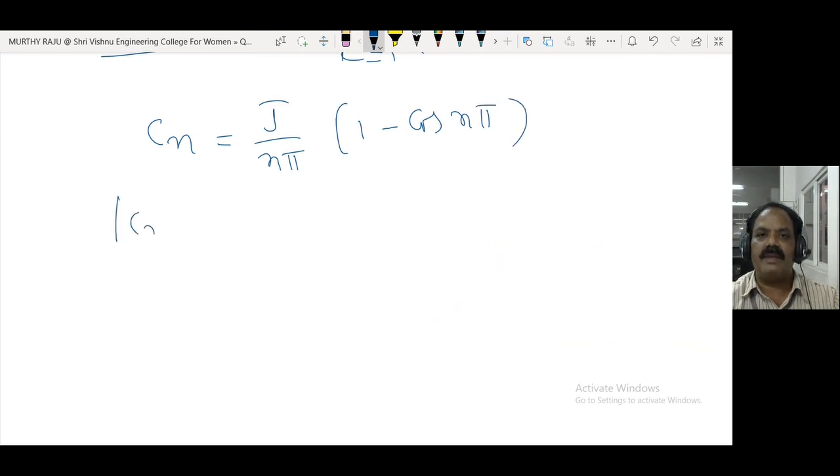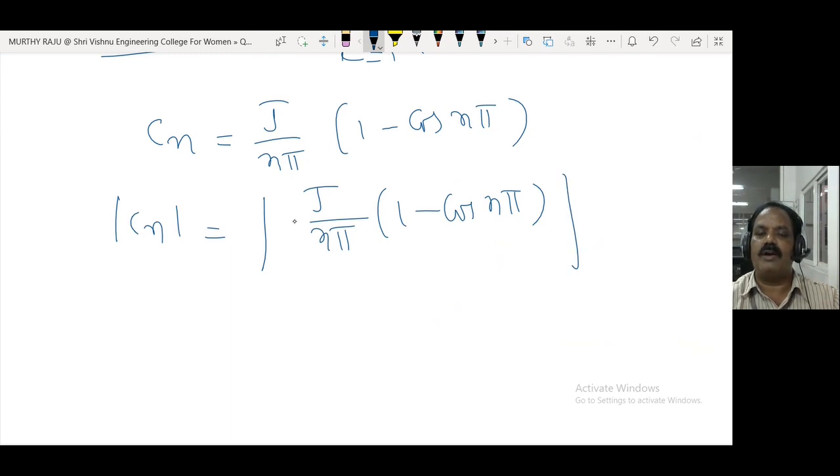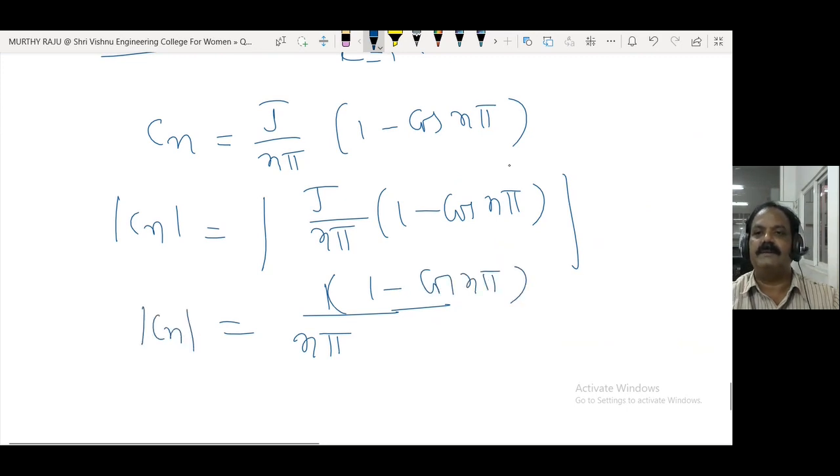Mod Cn is equal to modulus of j by n pi into 1 minus cos n pi. Modulus means the j term is eliminated. That is 1 by n pi into 1 minus cos n pi. This is mod Cn.